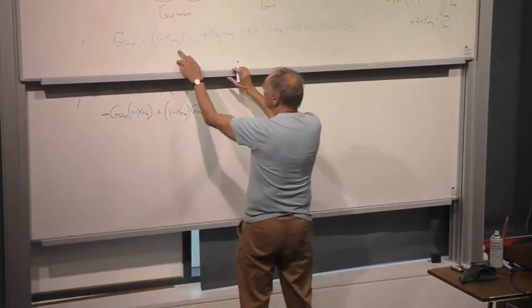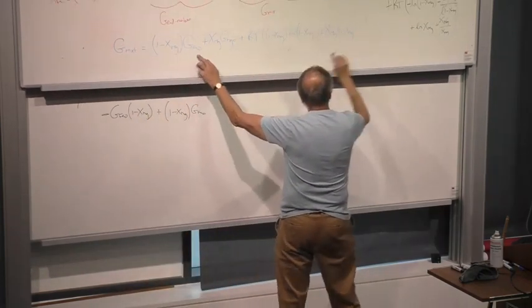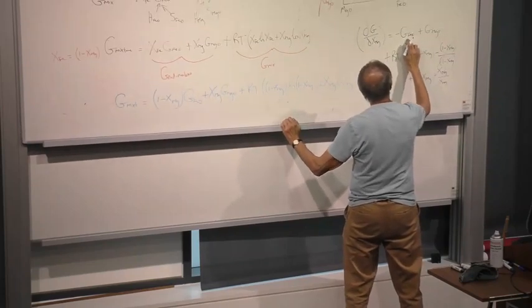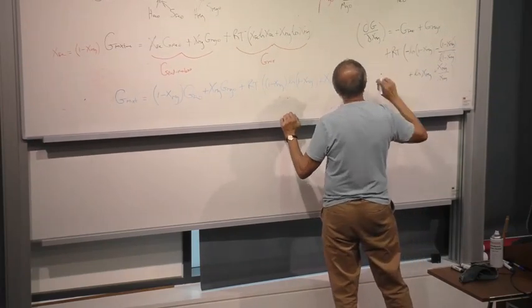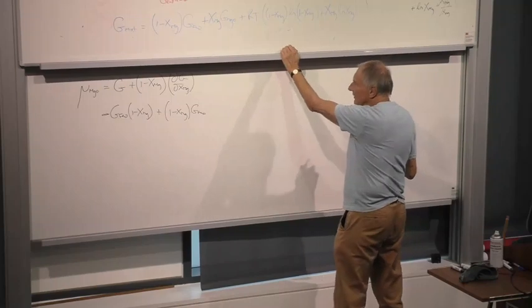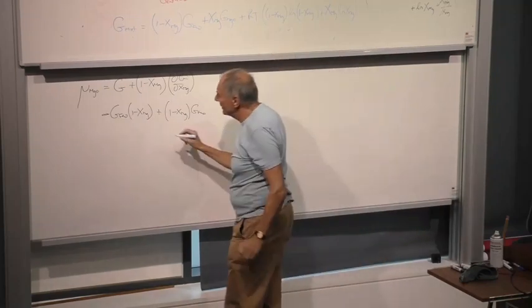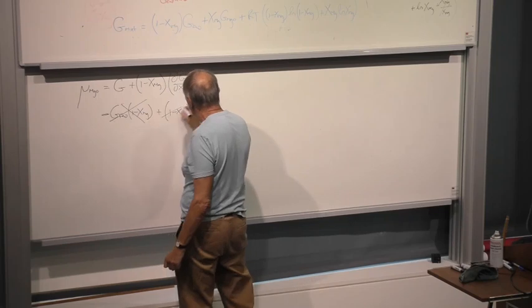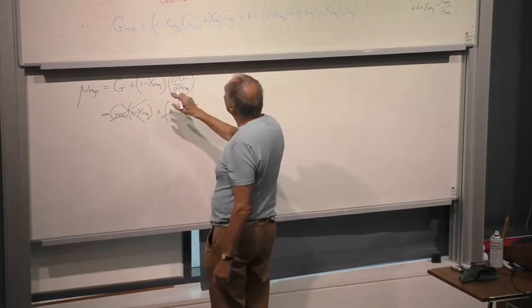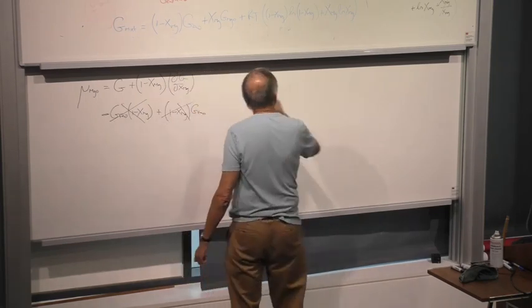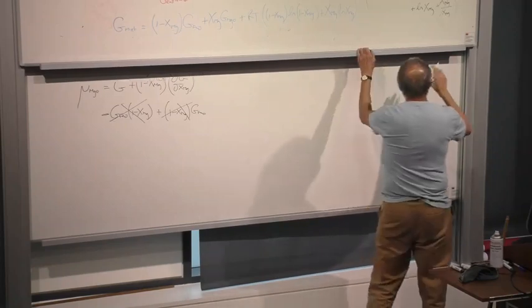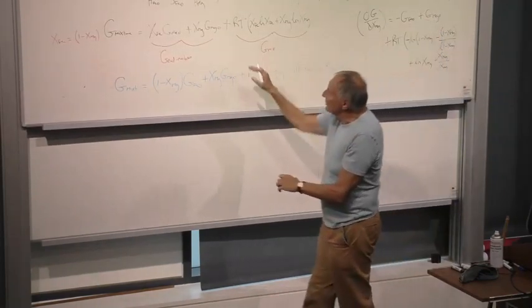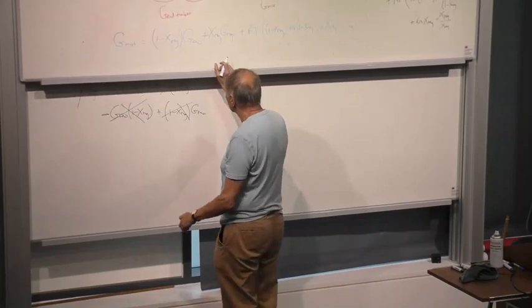That comes from there. 1 minus x times that, and we add them together, so that term disappears. 1 minus xMg times gMgO plus xMgO gMgO.